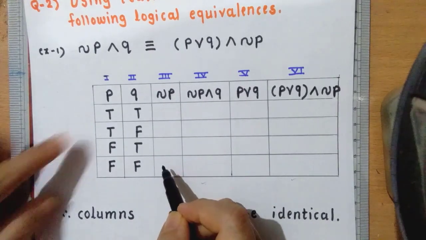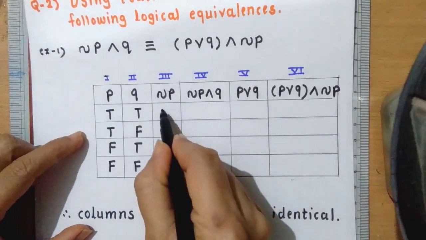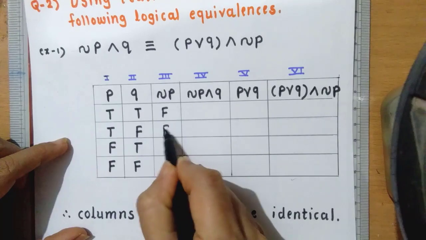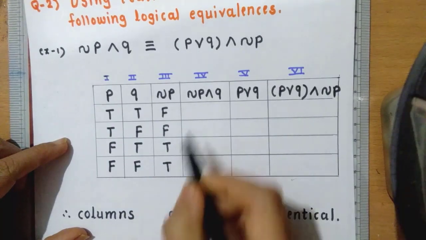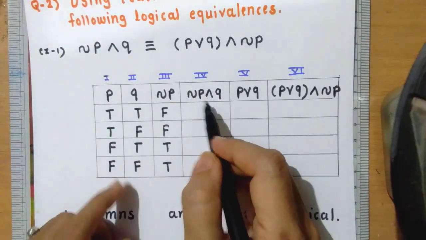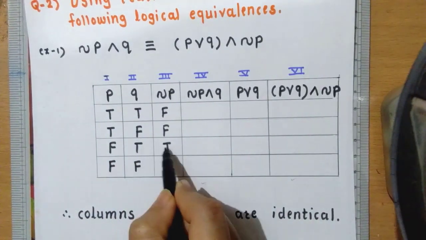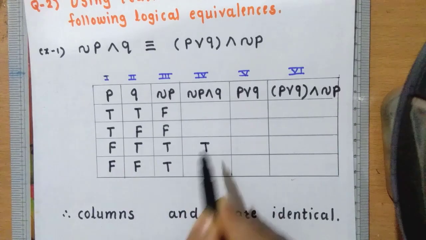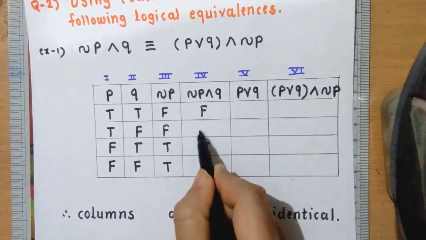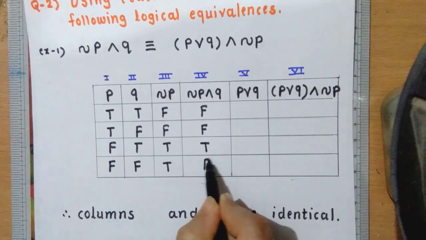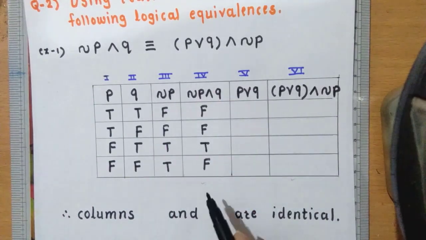Now first column we know T, T, F, F. Second one T, F, T, F. Then negation P, that means negation of this. So F, F, and then T, T. Negation P conjunction Q, that means conjunction between these two. Observe T, T. Here we can see. So T, T is T. Otherwise write down F. So this one is fourth column.